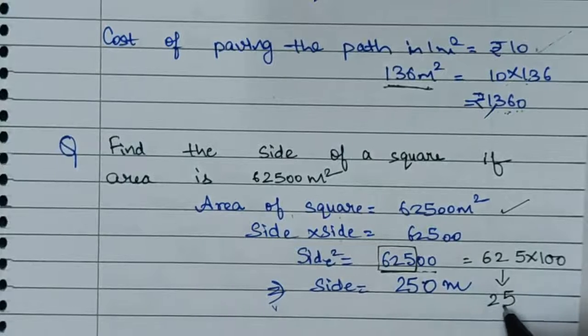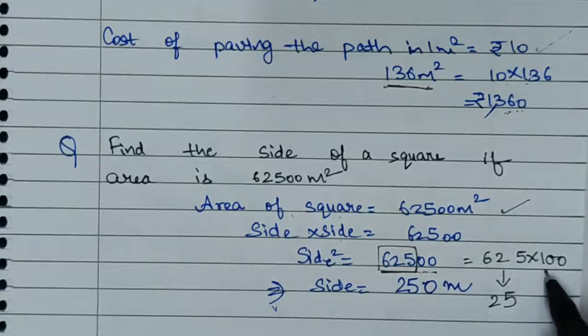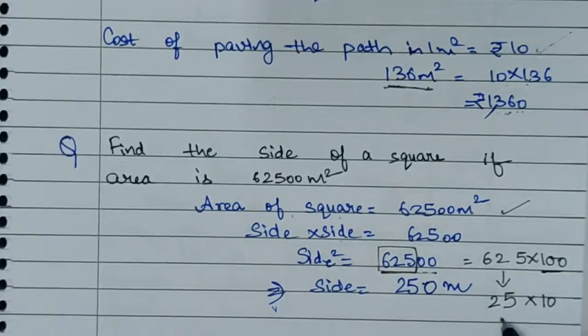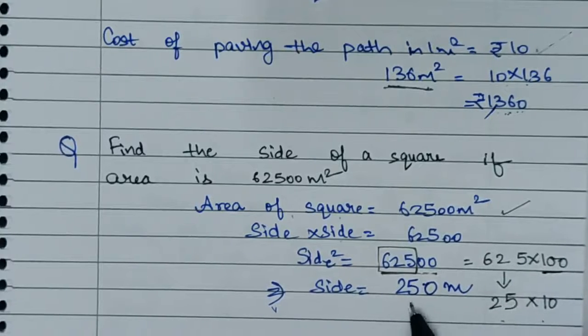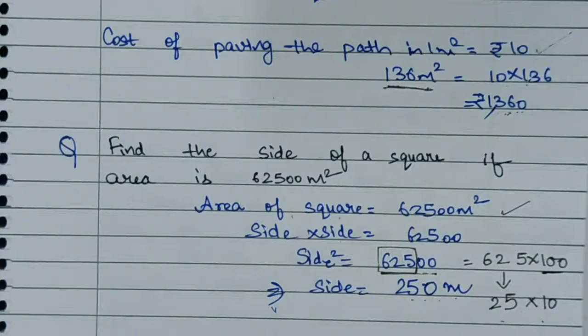That is 25, because 25 into 25 gives us 625. Whose square gives us 100? That is 10. So 25 into 10 gives us 250 meter. Clear children?